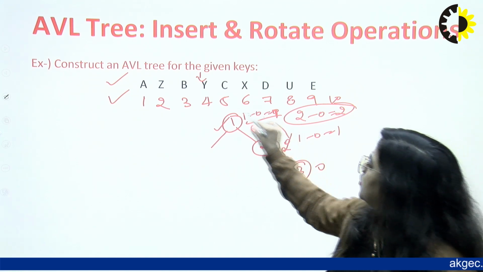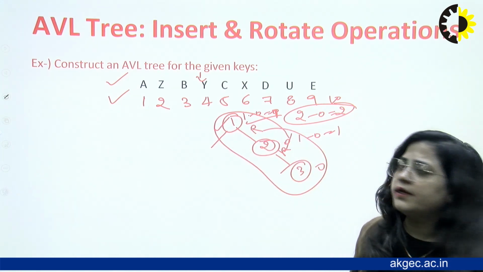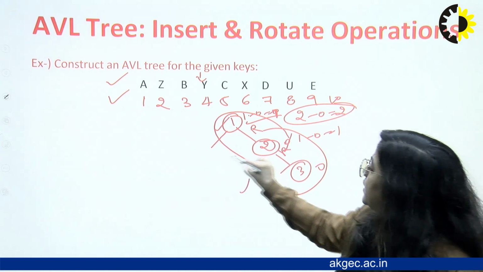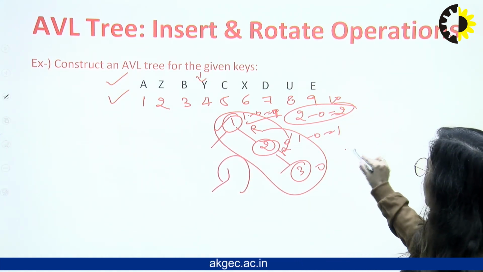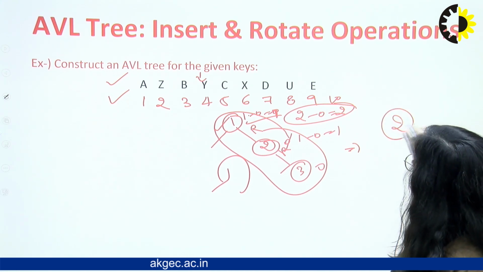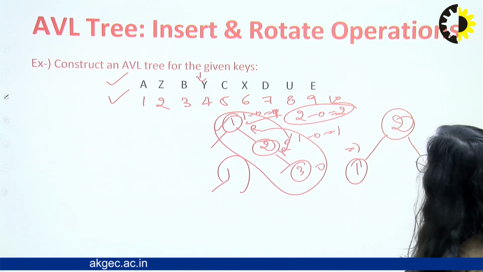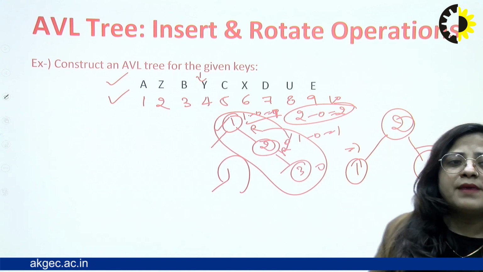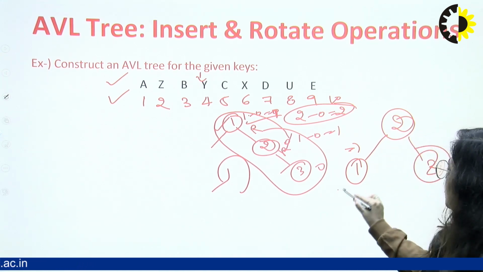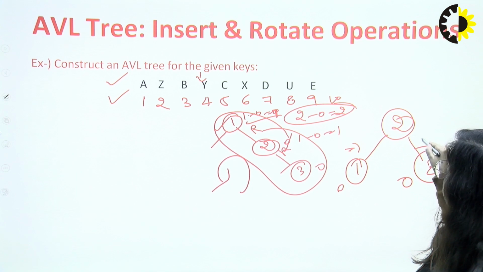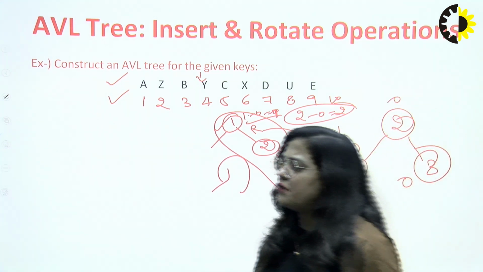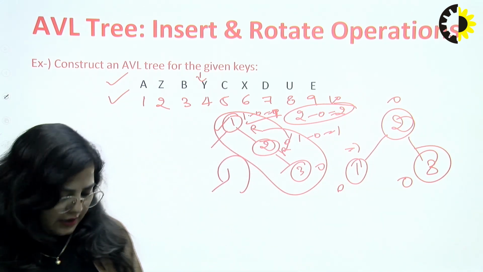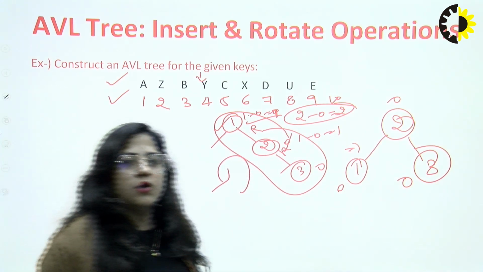Right rotation, which needs an anti-clockwise rotation here. So it will be converted into 2, 1 and 3. And check the balance factor again: 0, 0, and 0, because height of right subtree minus height of left subtree means 1 minus 1 equals 0.